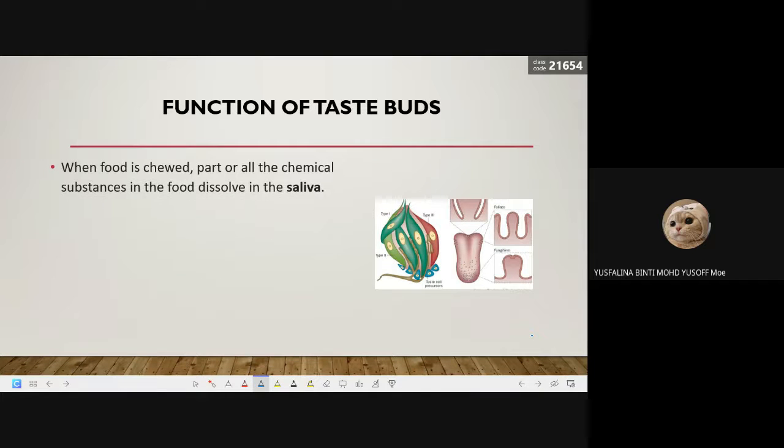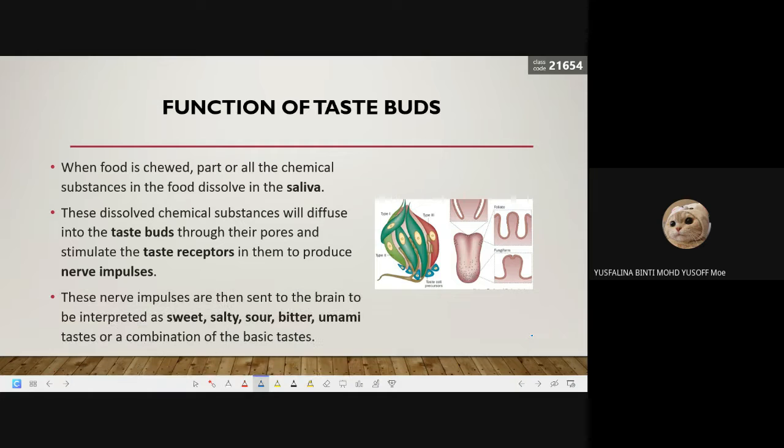Okay, so next, the function of the taste bud. When the food is chewed, part of the chemical substance in the food dissolves in the saliva. So how can we sense the taste? Of course, first, inside your mouth you have saliva.